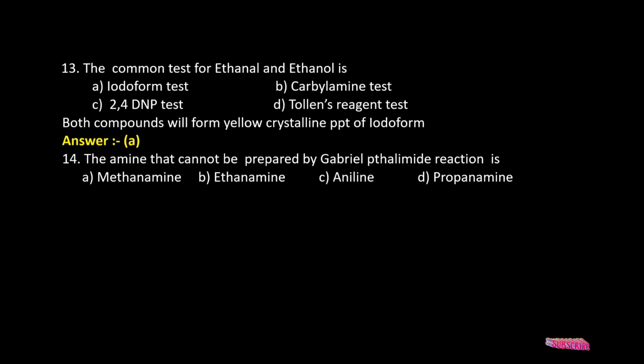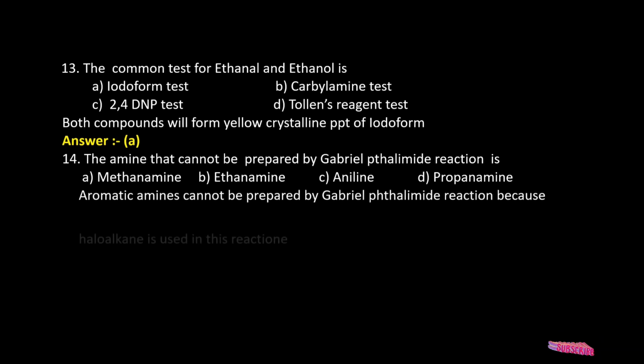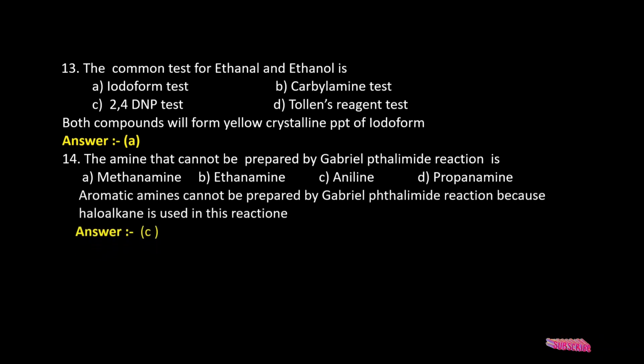Aniline is an aromatic amine, so it cannot be prepared by Gabriel phthalimide reaction. In the Gabriel phthalimide reaction, we make use of a haloalkane. So the haloalkane is reacted with N-potassium phthalimide, which will only form the aliphatic amine. Therefore, the correct answer is option C, that is aniline.